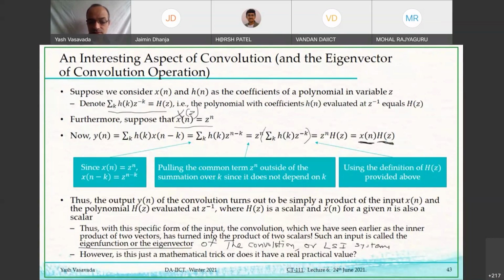And that type of input is a very special type of input, and that special input is labeled as eigen function or eigen input.